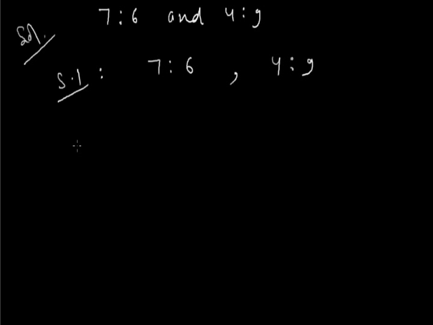Convert each of them into the simplest fraction form. 7:6 can be written as 7 by 6, and 4:9 as 4 upon 9. In 7 divided by 6, there is no common factor between 7 and 6 other than 1. Only 1 is the common factor, so this is in its lowest form.